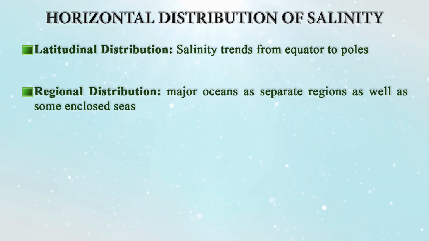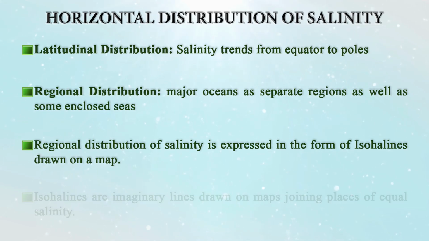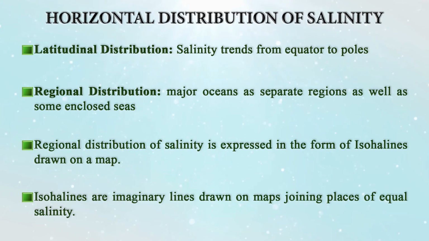In terms of regional distribution, we take major oceans as separate regions and discuss the salinity trends. While studying the horizontal distribution of salinity, we use isohalines, which are imaginary lines drawn on the maps joining places of equal salinity.